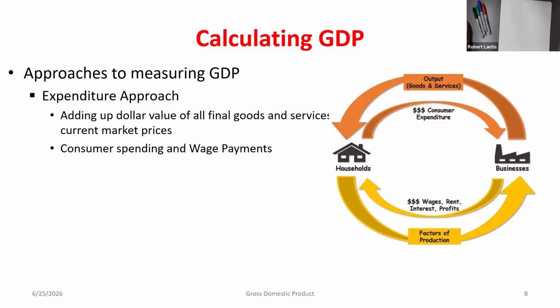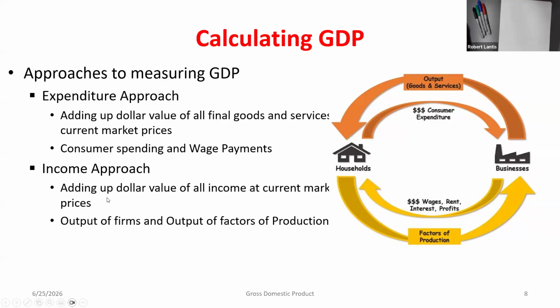Now, whenever somebody buys something, there's a business selling that output to them, earning income. Anytime a business is paying for workers, those workers are receiving those wages as income, or the factors of production are making money off those businesses' expenses. So that would be the income approach. Because of this circular nature of our economy, it doesn't matter which of these we use.